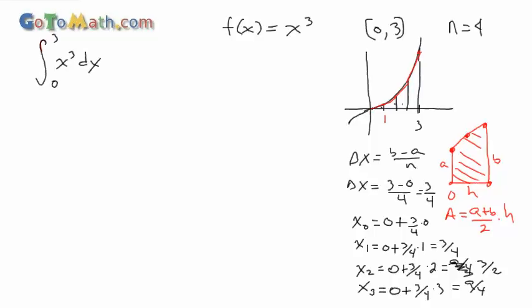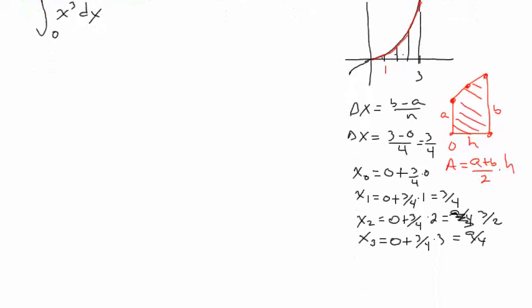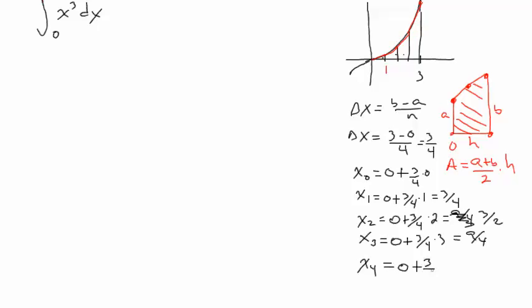All right. And then we've got one more to do. So this is going to be our x of 4, and this is going to be equal to 0 plus 3/4 times 4, and that is 3. So you can see here one of our endpoints is 0, and the other endpoint is, our lower bound is 0 and upper bound is 3, as you can see.